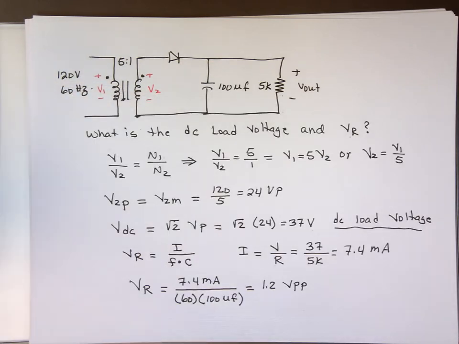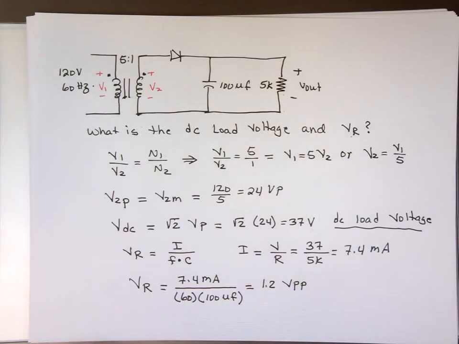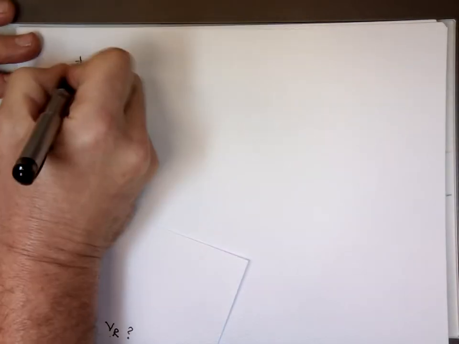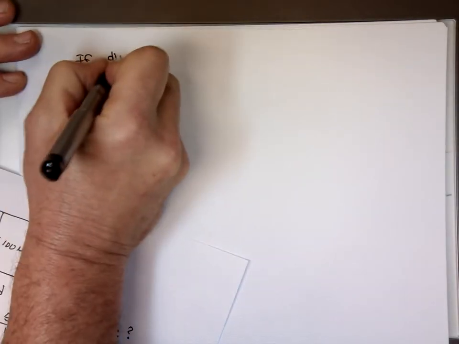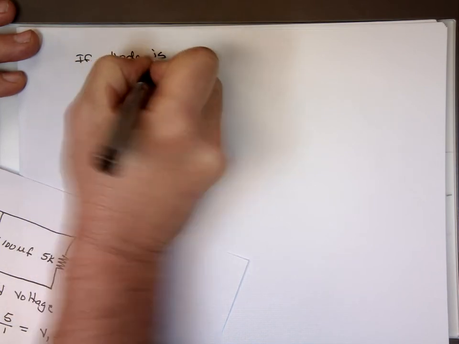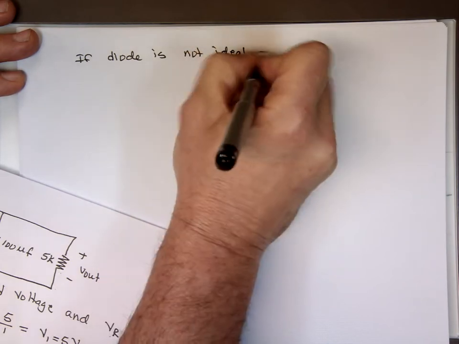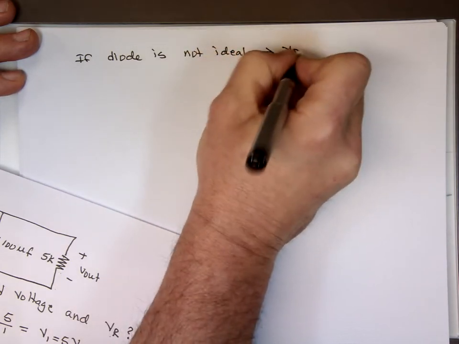Now again, the other thing here, we made the assumption the diode is an ideal diode, which means there is no voltage drop across it. What happens if that diode is not an ideal diode? Second approximation. If the diode is not ideal, then we have to use the voltage across the diode to be, for silicon, 0.7.